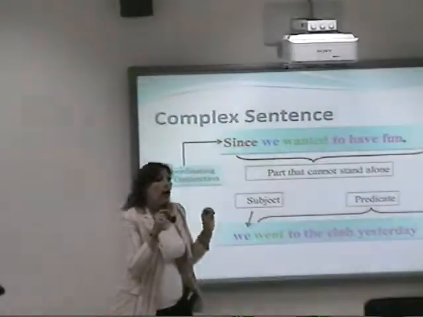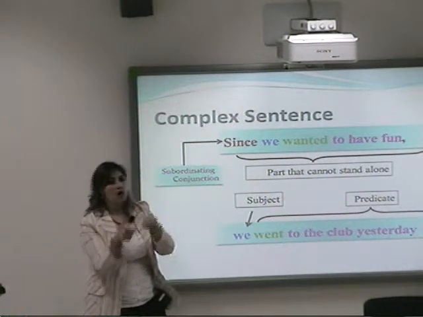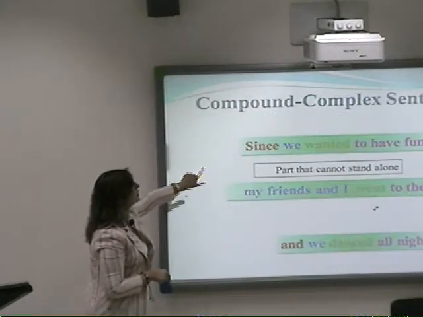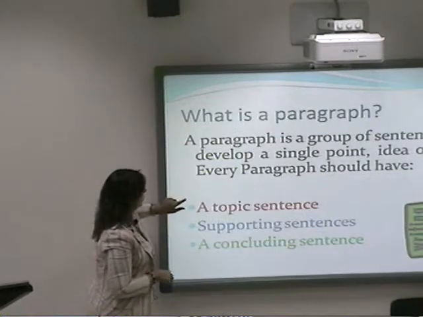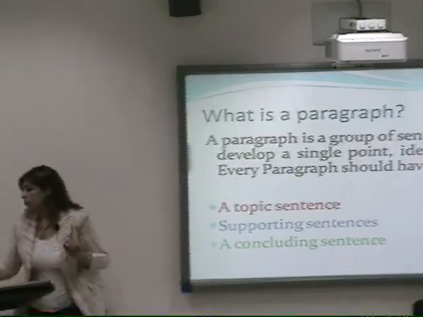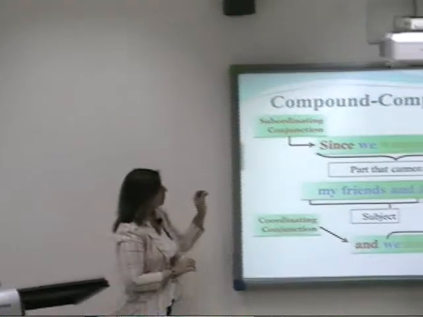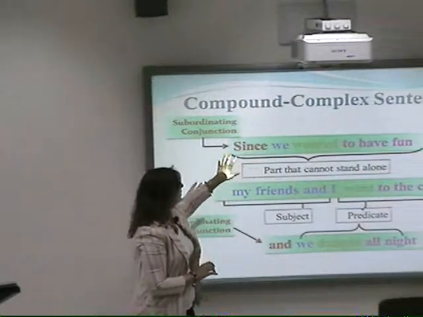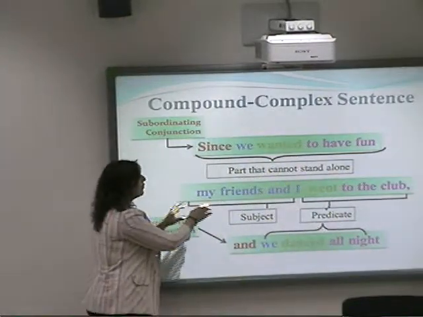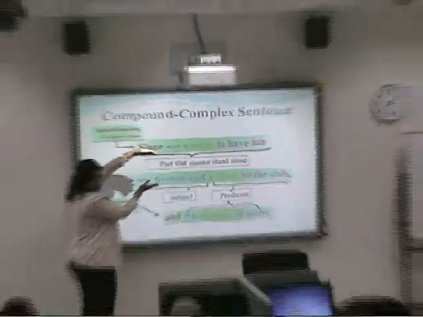If we want to compose what we call compound-complex sentences, in this case it would be like this. Since we wanted to have fun, my friend and I went to the club. This is one complex sentence.